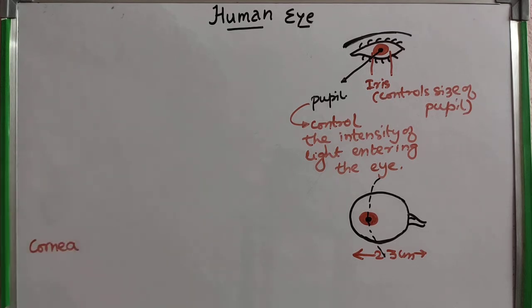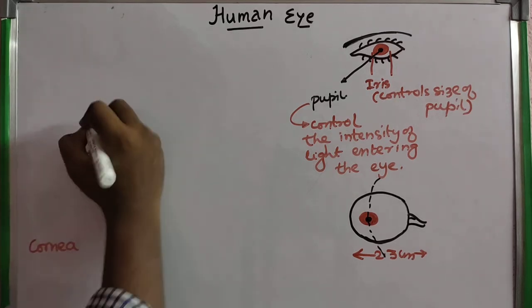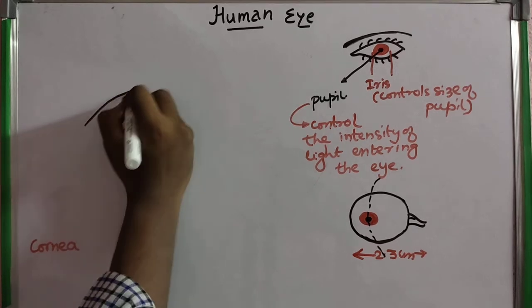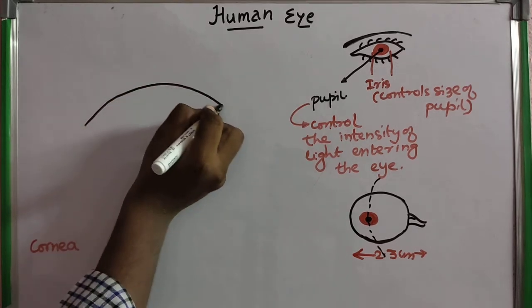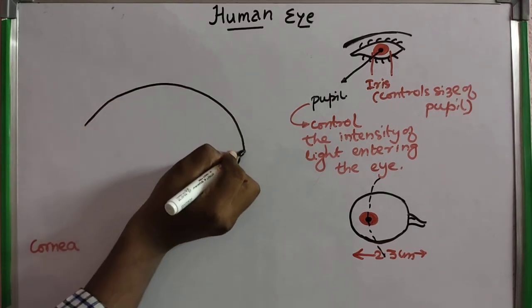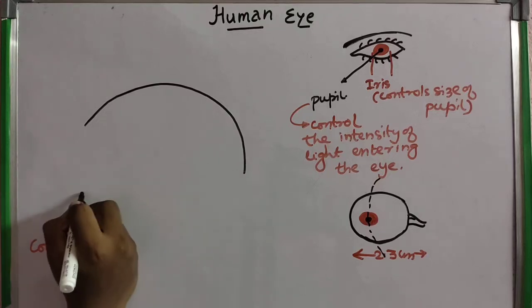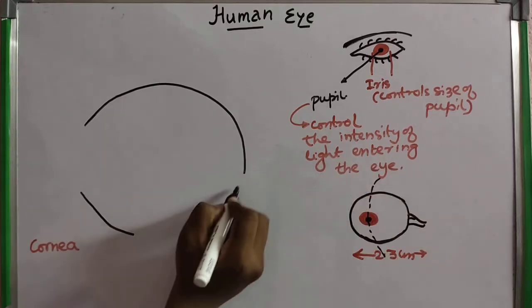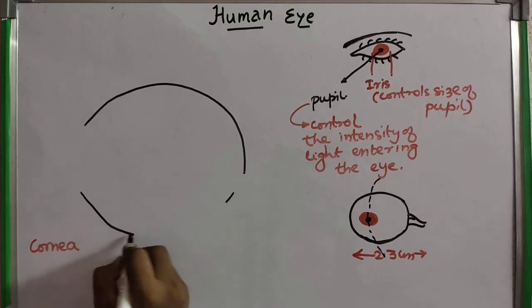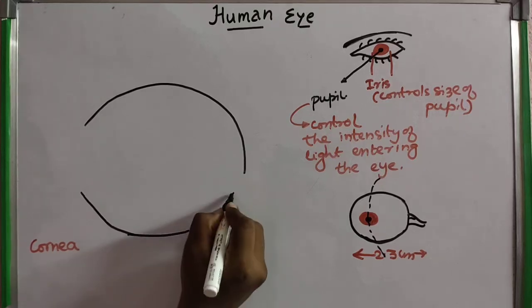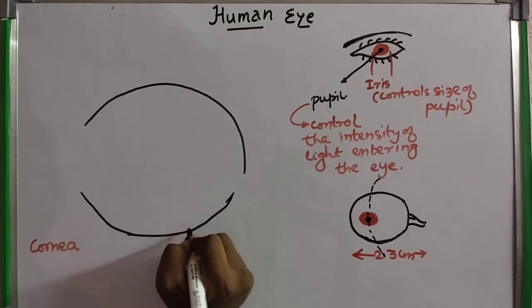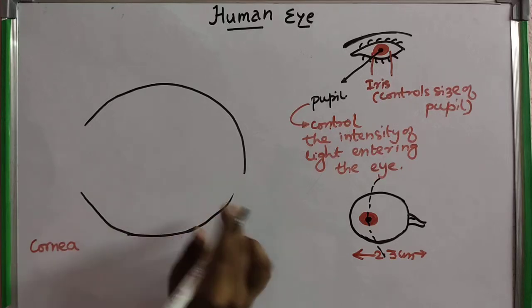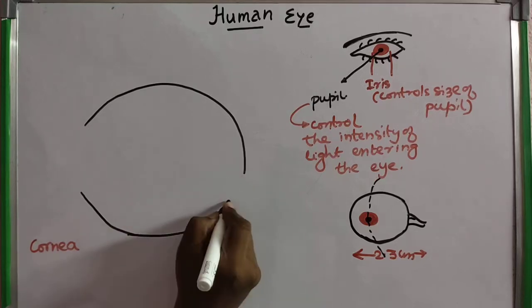Be careful. The diagram which I am going to show is the diagram that you have to draw in the exam. So what is the structure you are going to draw? From the side, when I dissect it and draw it, it would be visible as circular.